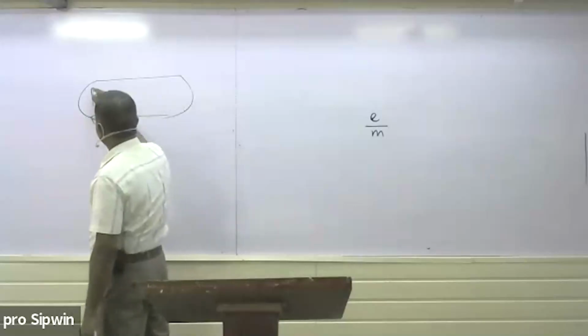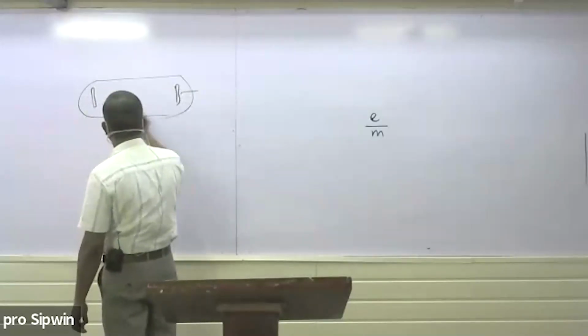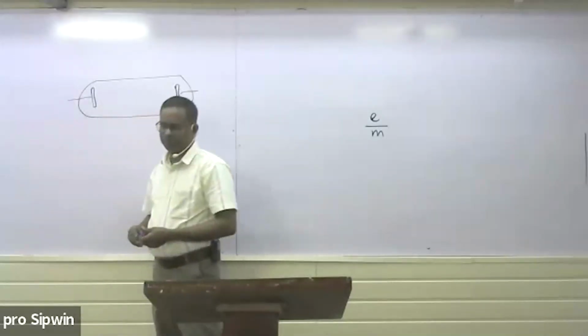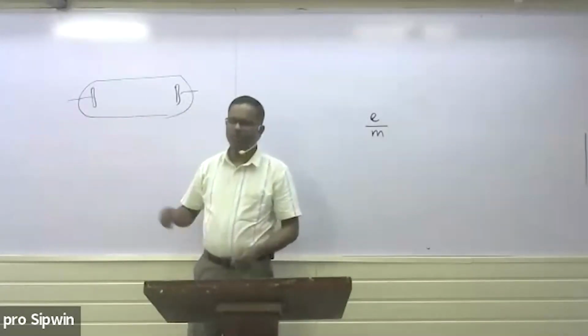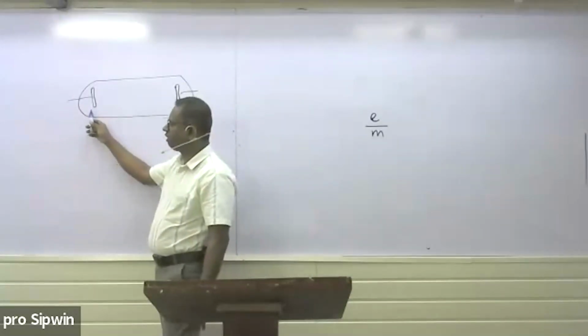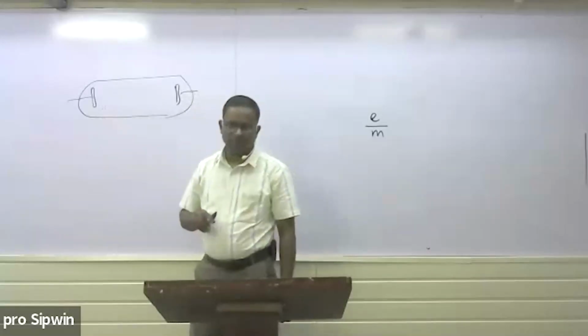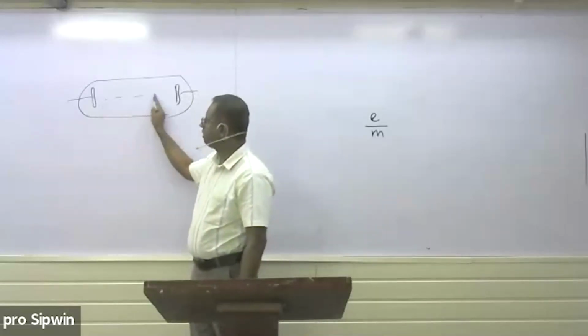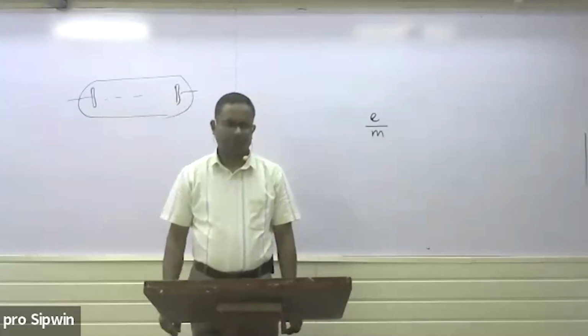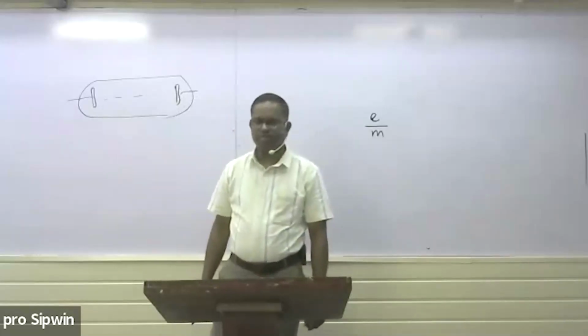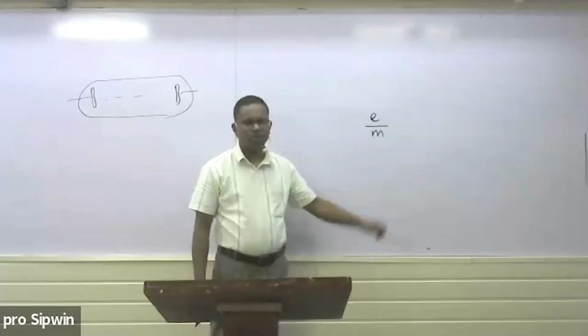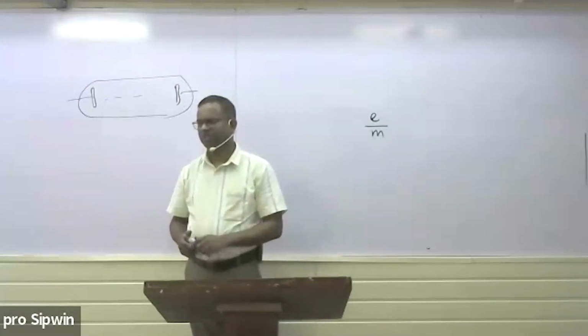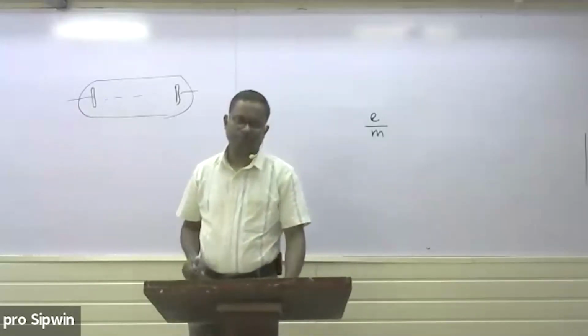Also change the metal plates. Different metal plates used here. So using different matter, different metal plates, different gases, he produced the cathode rays, and in all those cases determined the E over M value, the charge over mass value.